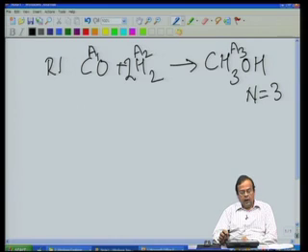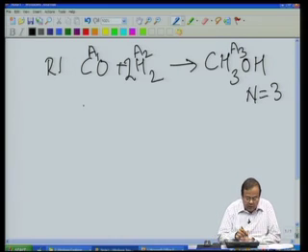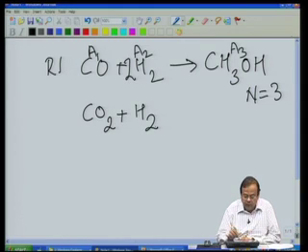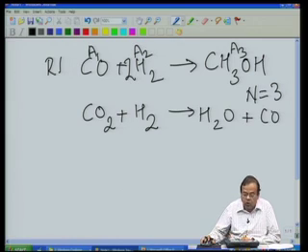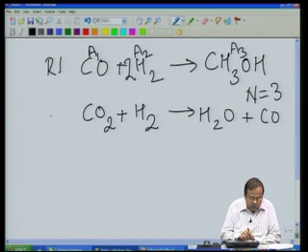reactor, and if that was present, then there is a possibility that CO2 also may react with hydrogen, giving rise to water plus carbon monoxide. Now, this is my second reaction.